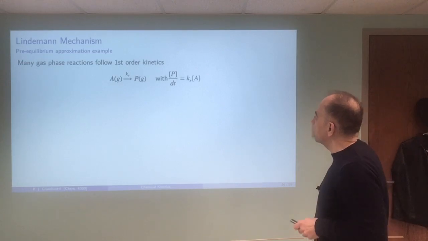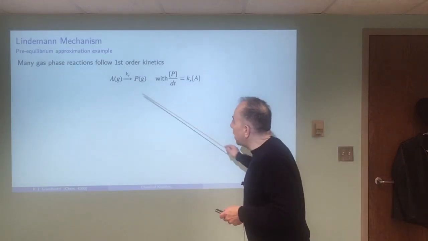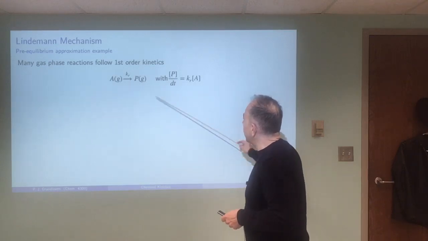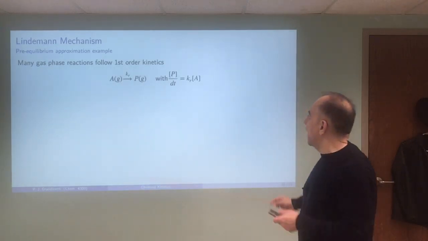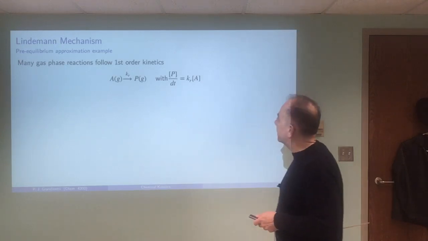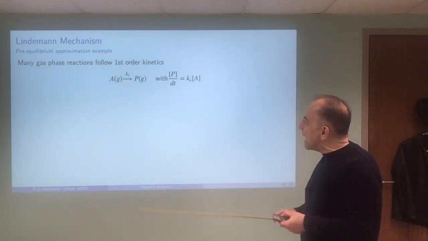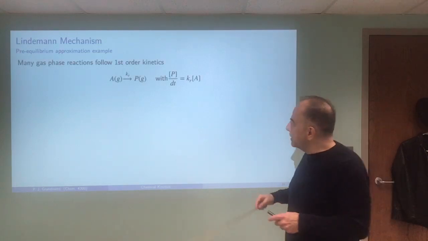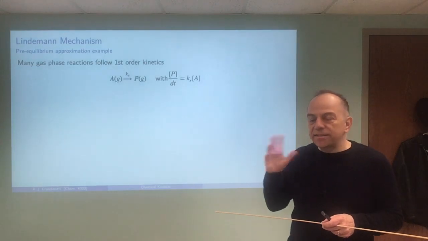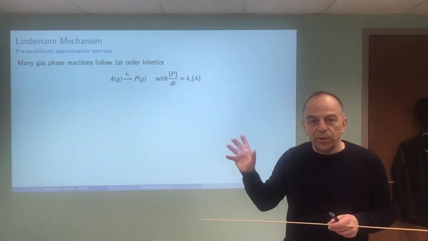Now, when you look at a lot of gas phase reactions, the reactions are often first order in the reactant A. So in this case, A, we have some rate law, it looks like this. That reaction that takes place has an overall reaction of this, but the mechanism is not as simple as A just going to a product.